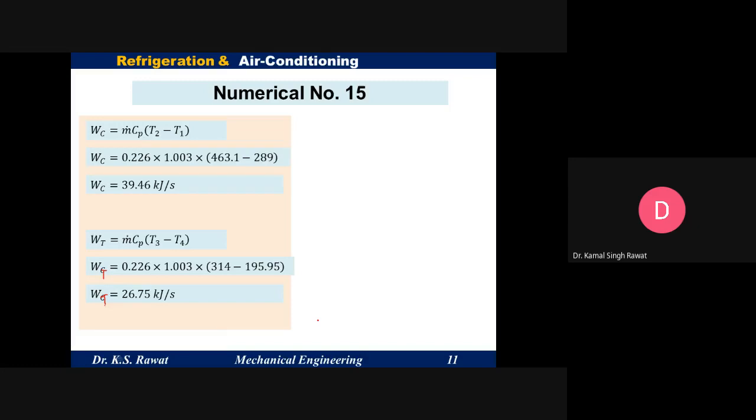Okay, so can you calculate the W net? Can you calculate the W net? Yes, sir. Tell me the value. You are also solving.